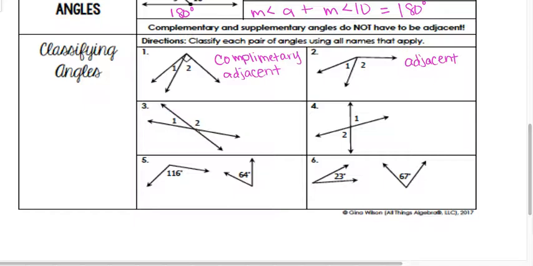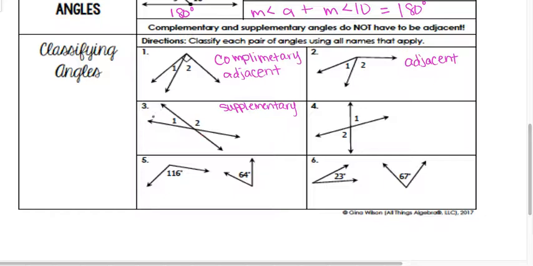Whenever you're looking at an angle, remember if you have a straight line, what is that supposed to equal? 180. So we know that they're going to be supplementary because we've got two straight lines here, right? So we're going to put supplementary. And then also it's adjacent, okay?